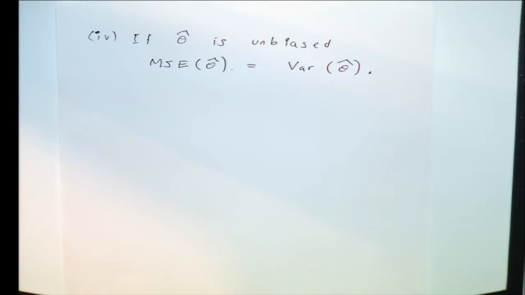This is property 4. It's really an easy property. It says that if theta hat is an unbiased estimator for theta, then the MSE of theta hat is equal to the variance of theta hat.